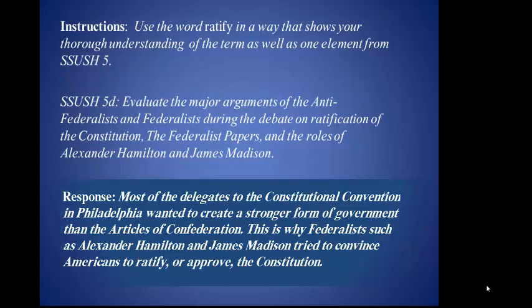Clearly, this student understands the meaning of the term, ratify, and clearly the student knows something about Standard 5. The student is demonstrating her knowledge of the material in a way that also accomplishes the vocabulary objective we're trying to achieve as well.